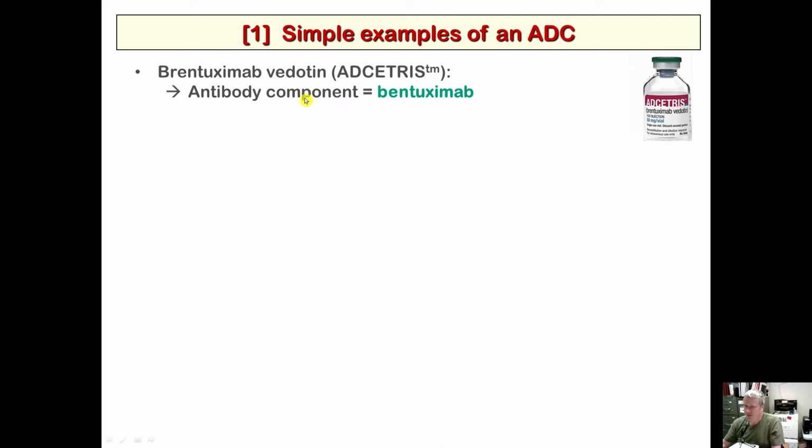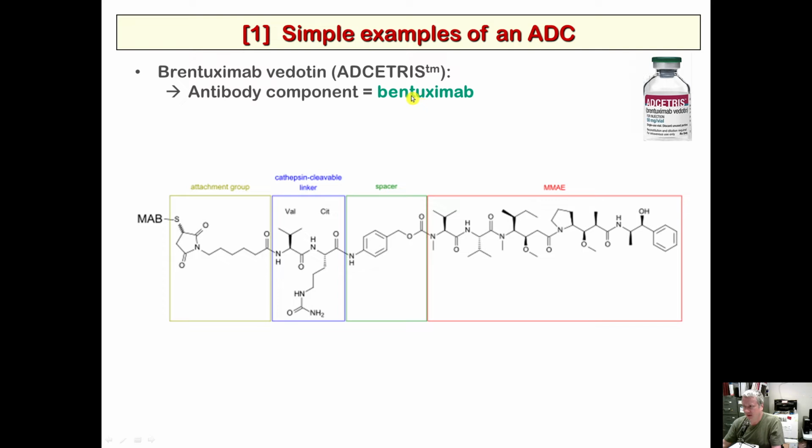So there's a couple components. There's an antibody component, which is a protein that recognizes other proteins on the surface of the cell, particularly a cancer cell. It's called brentuximab. MAB is the antibody. It's these 3 letters that represent a huge macromolecule. There's some kind of attachment point where the antibody gets attached to the drug conjugate.